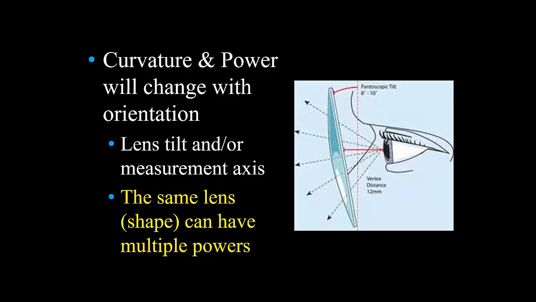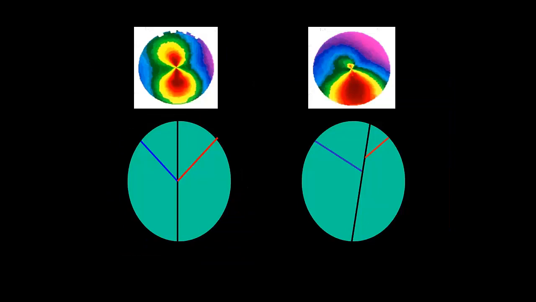We all know that, especially with an astigmatic spectacle, if you tilt your lens, you'll induce a different astigmatic power. Power and curvature are very similar. The problem is that there can be multiple shapes giving you the same power, and tilting, or in the human eye, angle kappa, could induce what looks like changes in curvature when the shape is actually all normal.